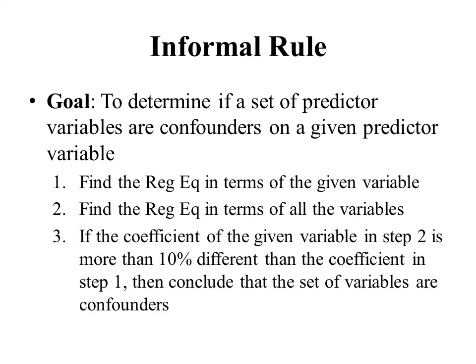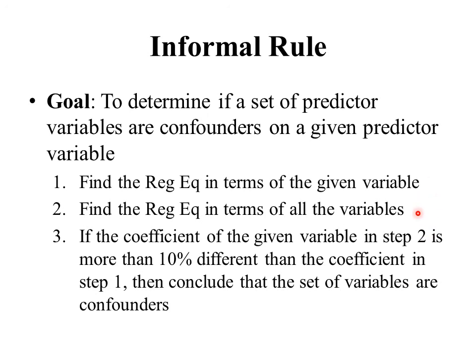And then we compared the coefficient of the given variable from the first equation to the coefficient in the second equation. If the coefficient of the given variable in step 2 is more than 10% different than the coefficient in step 1, then conclude that the set of variables are confounders. And that's exactly what we did. In step 1, we got a coefficient of 0.67 for BMI.